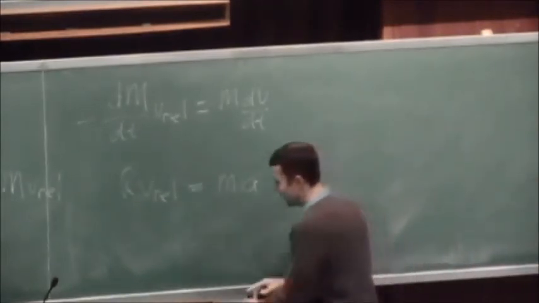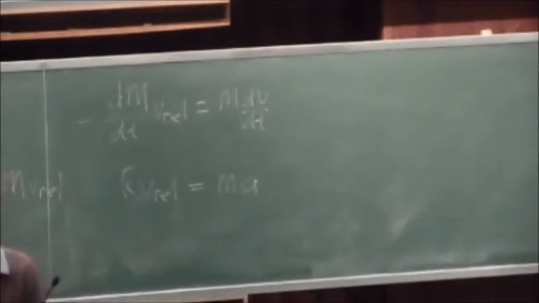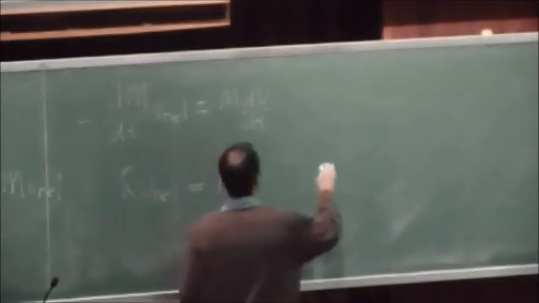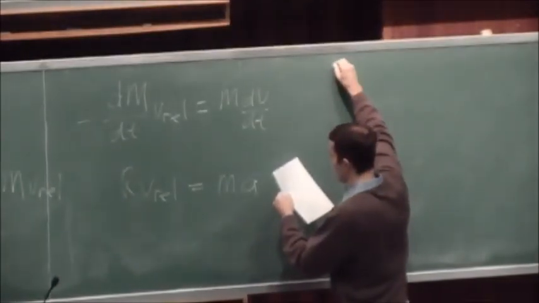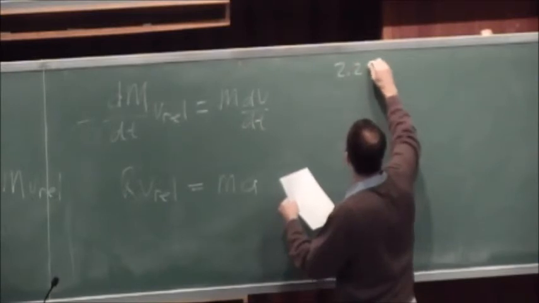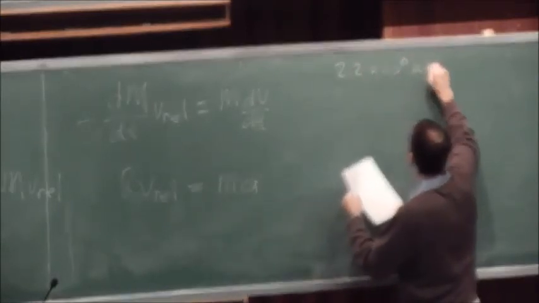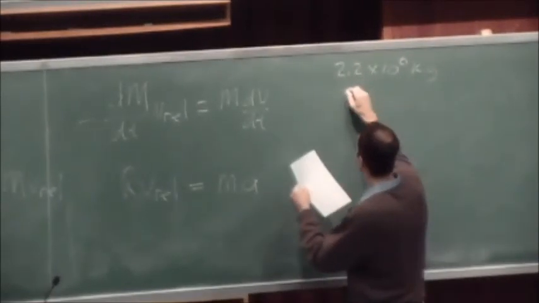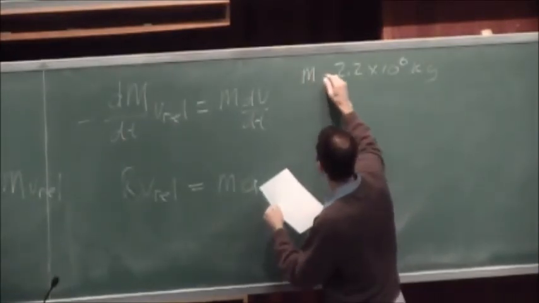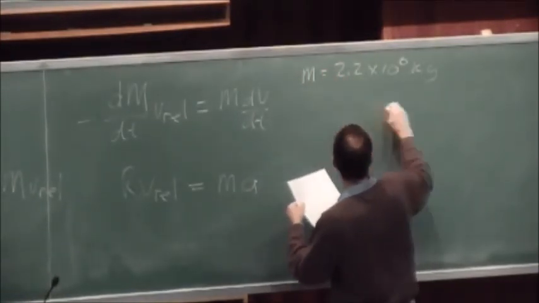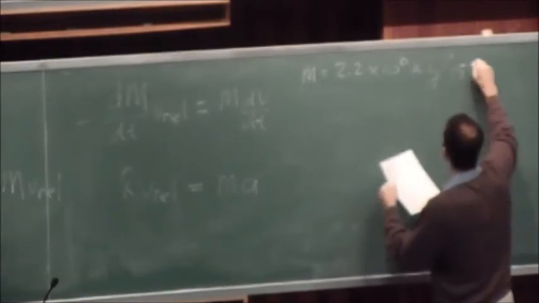and I do a calculation, so I just did the Saturn V rocket. The Saturn V rocket discharged about 2.2 times 10 to the 6 kilograms in 150 seconds.